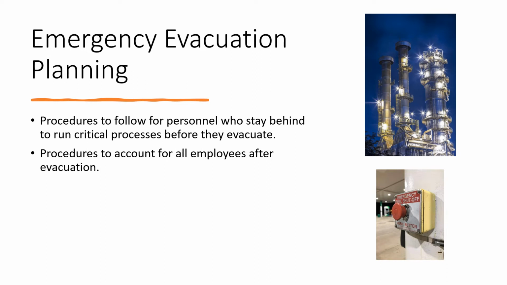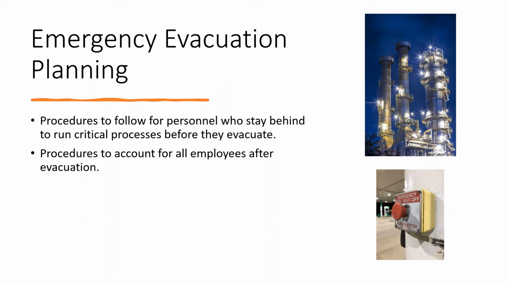So it might be that if there's some form of fire evacuation, people will stay behind and close valves, turn things off first to make it safe so that they can then evacuate. Just as an example, if you had something under pressure and heat, and it was manned by a person, and that person evacuates, now you potentially have an uncontrolled issue: fire, explosion, pressure release, something happening.